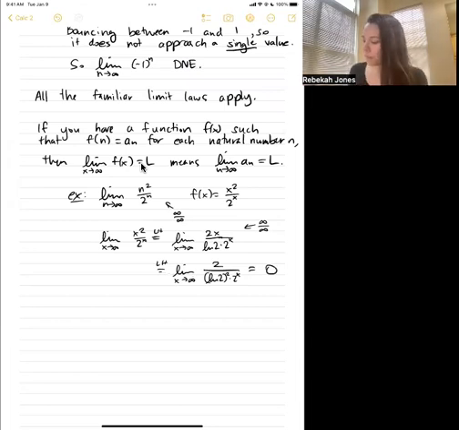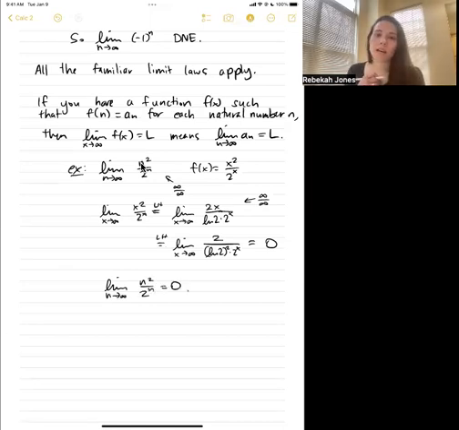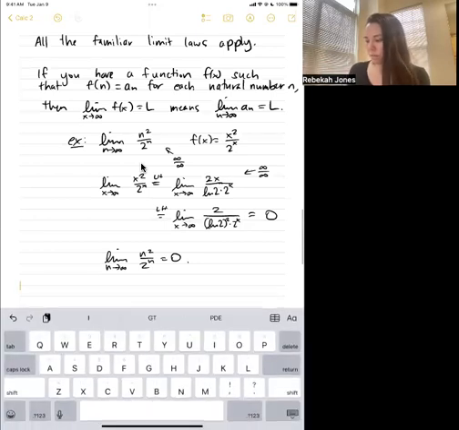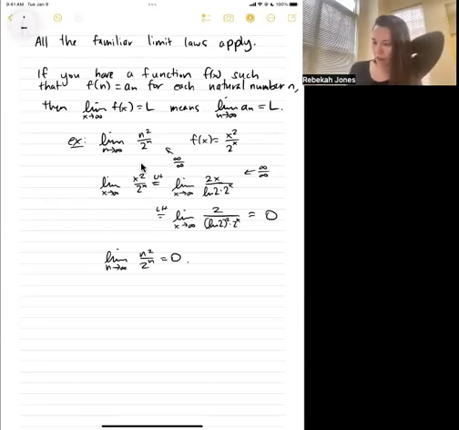Okay. And so we can conclude that the limit as n goes to infinity of this sequence is 0. And when you're actually showing your work, you don't have to write down the function and then compute the limit in terms of x. It's okay to just do everything in terms of n, but we're just being a little pedantic here because we're just introducing this idea. Okay.